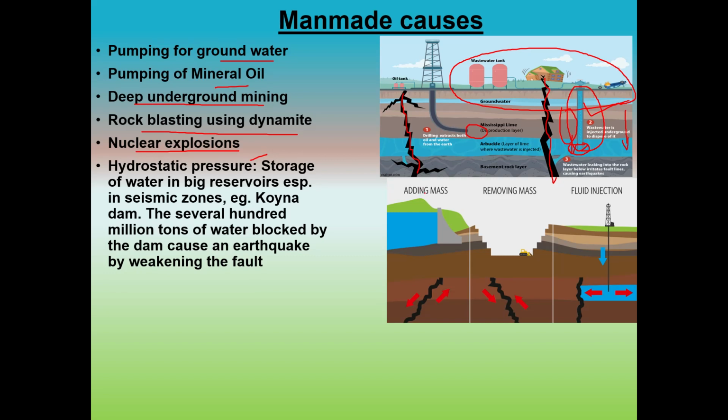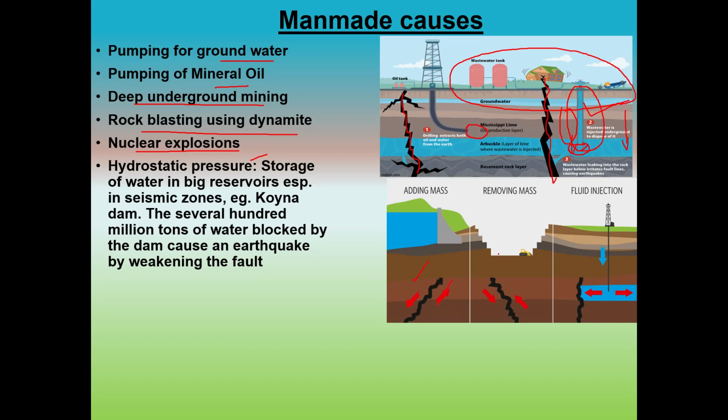Over here you can see, if the maximum water, like in a dam, is reserved, that is pressuring the lower, the parent rock or underlying rocks, and because of that fractures are forming.